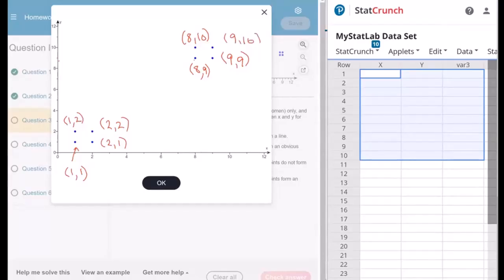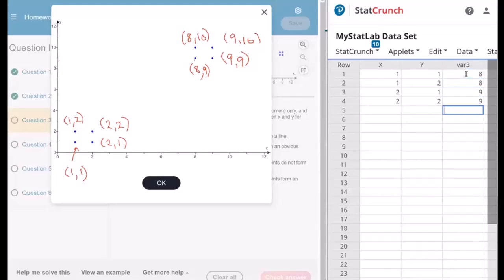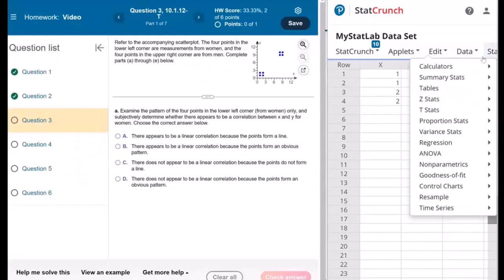I'm going to put these values into StatCrunch. I have 1, 1, 2, 2. And then 1, 1, 1, 2, 2, 1, 2, 2. These numbers up here, I have 8, 2 8s and 2 9s, 8, 9. It doesn't matter the order. 9, 9, 9. Go to Stat, Regression, Simple Linear.